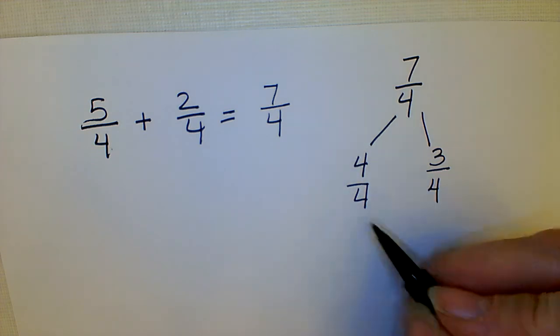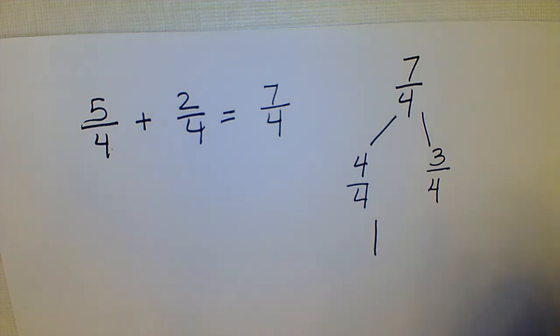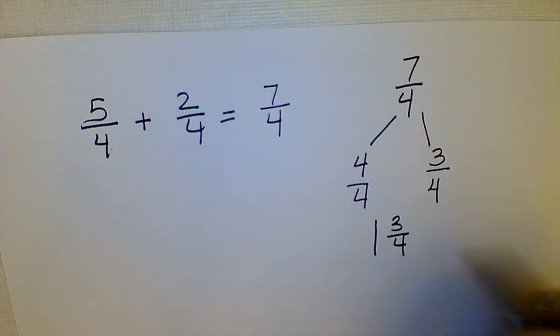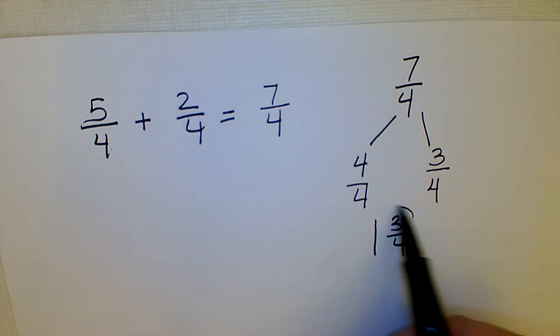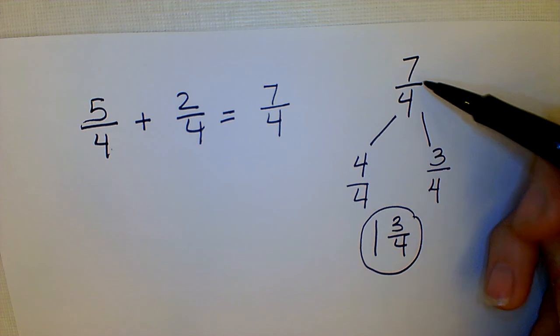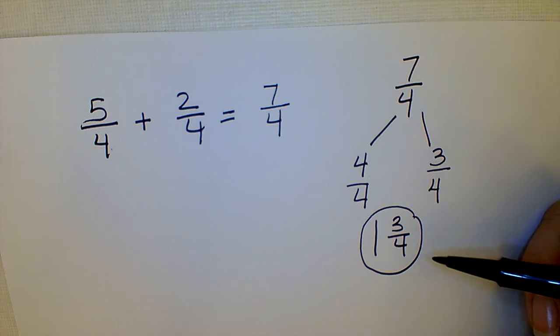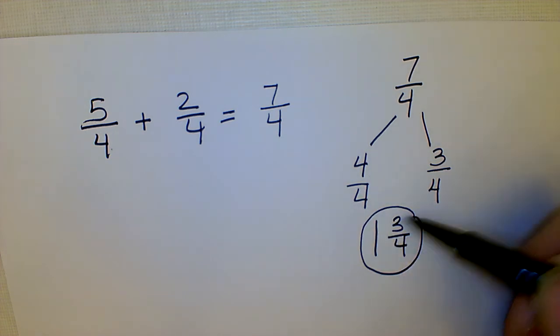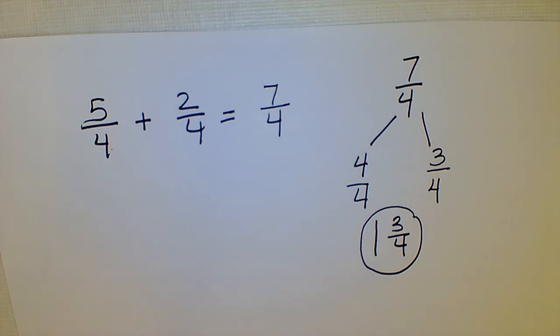Well, again, 4/4 can just be written as 1 whole. So what I have is 1 and 3/4. And that's going to be my answer. So I can take this fraction greater than 1 and I can turn it into a mixed number. I can do the wholes, and I can do the fractional part of that number.